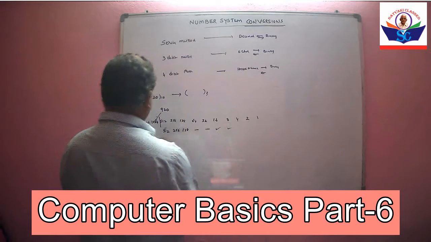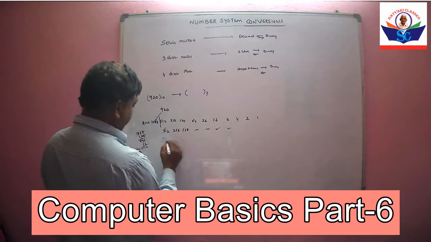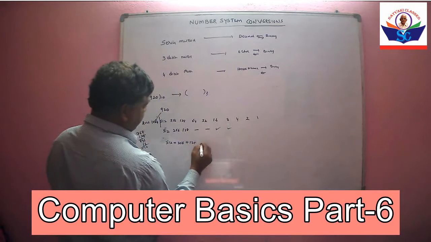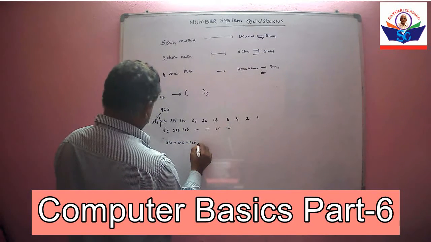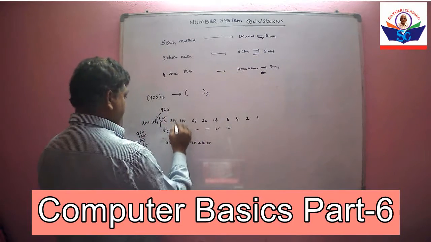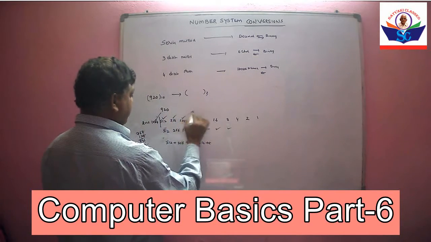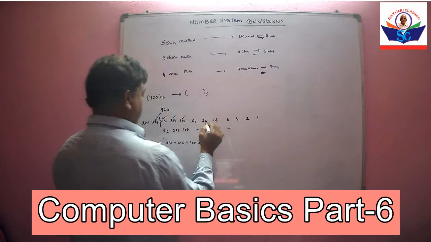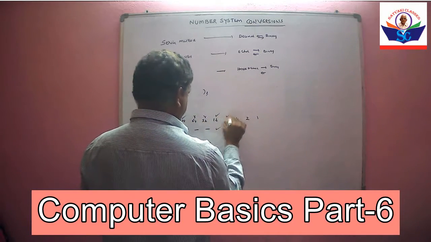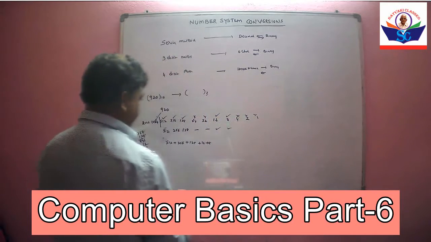So it is a combination of 512 plus 256 plus 128 plus 16 plus 8. The remaining are not required.